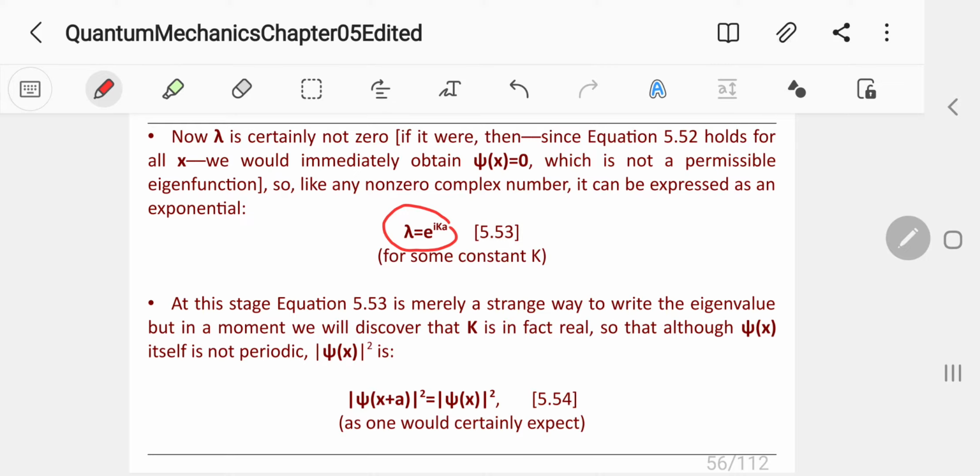Your wave function here also follows this condition, because anything would be the same in the regions 0 to a, or a to 2a, or 2a to 3a, and so on.